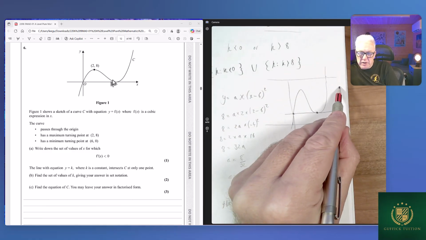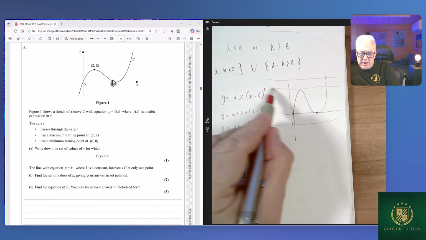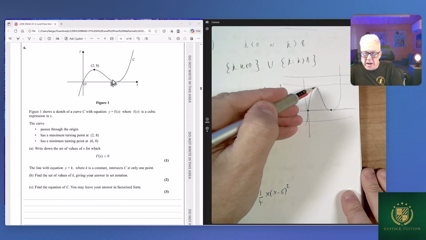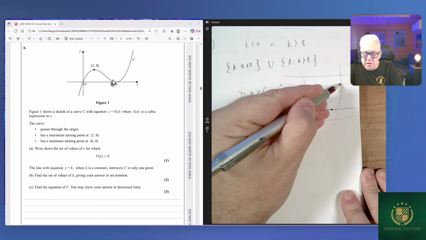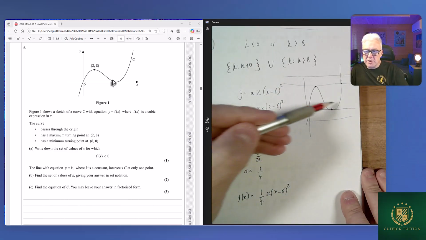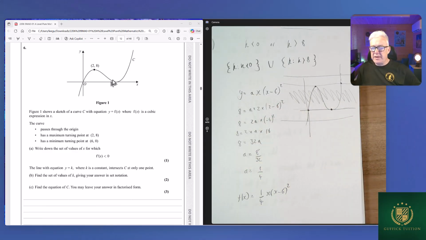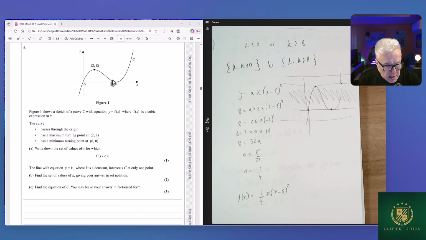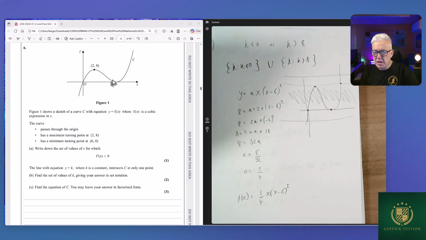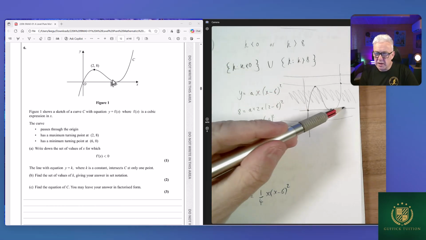If there was a line going across here just touching that maximum, that would also have two solutions. So the range of values in which there's more than one solution is everywhere I've shaded in the middle. Because it says only one point, let's first consider this lower one.